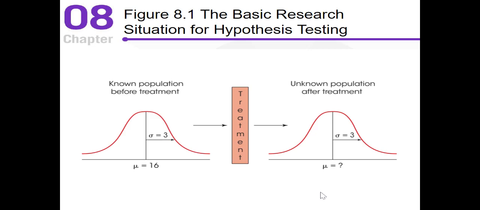If we take a look at figure 8.1, the basic research situation for hypothesis testing is shown here. We've got a population parameter, which is known or assumed before the study. The purpose of the study is to determine whether the treatment has an effect on the population.